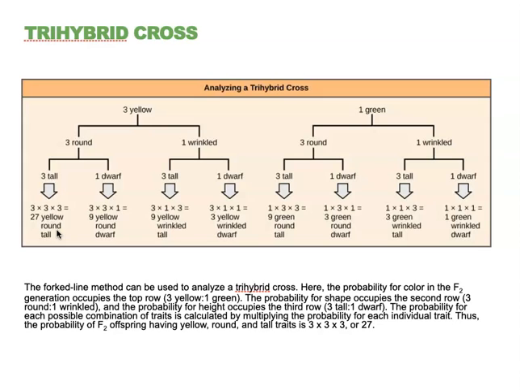When you go away and you look at it, the probability for a shape occupies the second row, and the probability for the height occupies the third row. The probability for each possible combination is calculated by multiplying the probability of each individual trait.